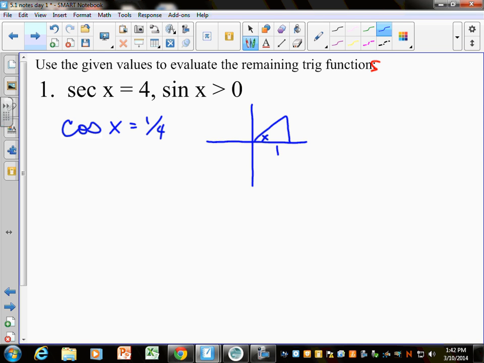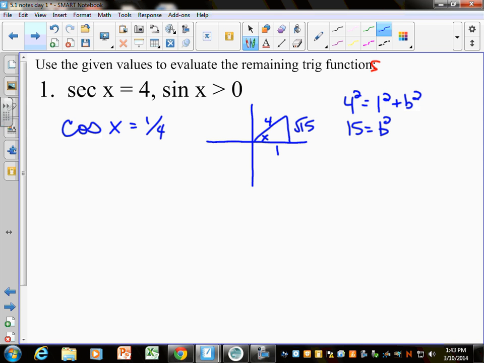Cosine is adjacent over hypotenuse. And can we solve for the third side? Memories of this? We just did this. Chapter 4, Pythagorean theorem. We actually kind of just did this with our inverse trig stuff on the last test. So this would be like 4 squared equals 1 squared plus b squared. 16 minus 1 is 15, which means if I'm in quadrant 1, that's going to be the square root of 15.